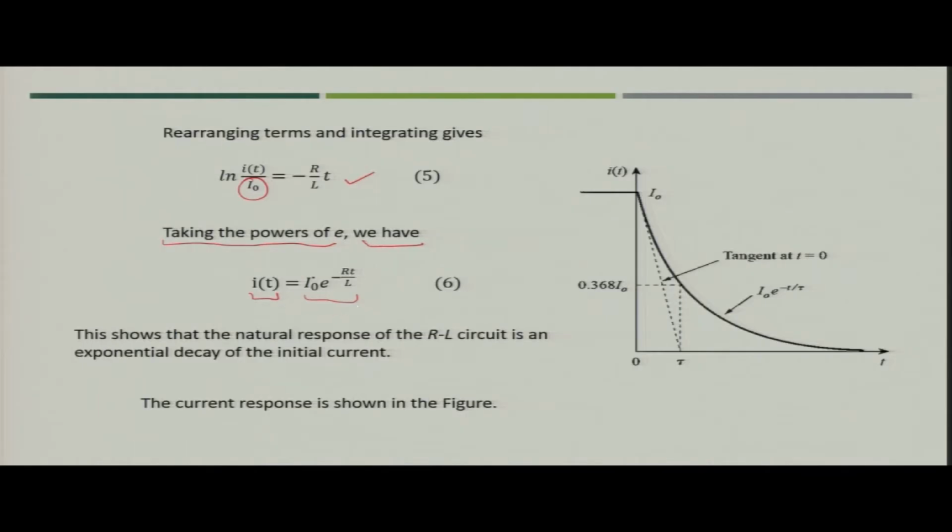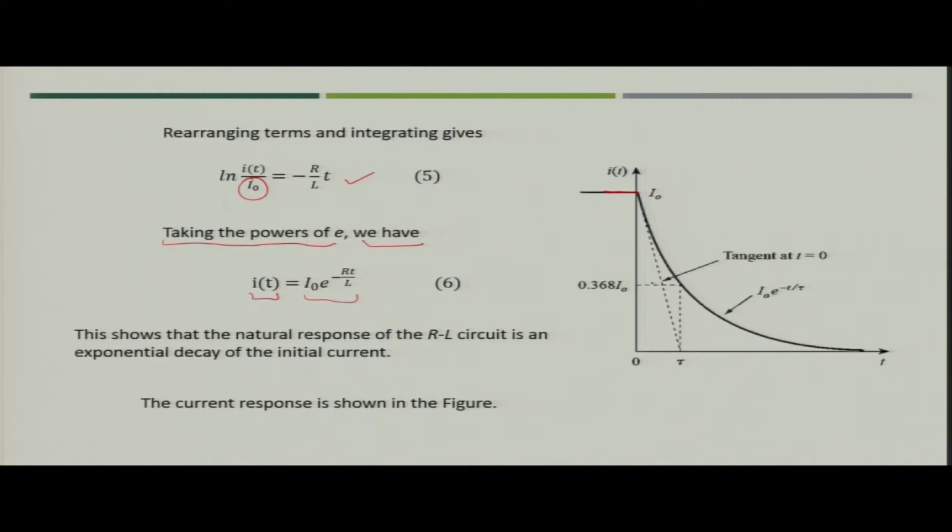The function is exponentially decaying. It starts with the initial value I naught and then decays with the function e to the power minus R t by L.